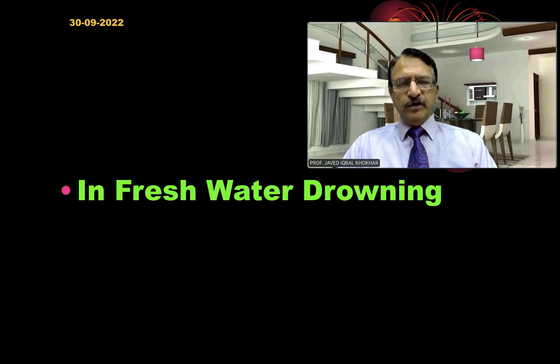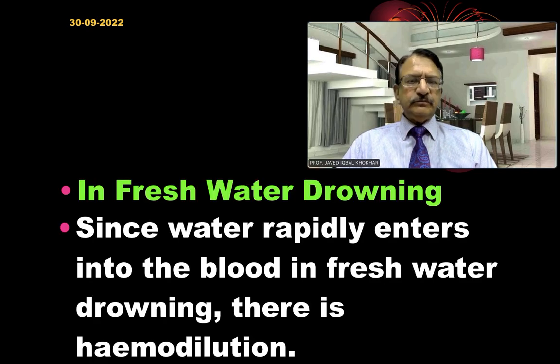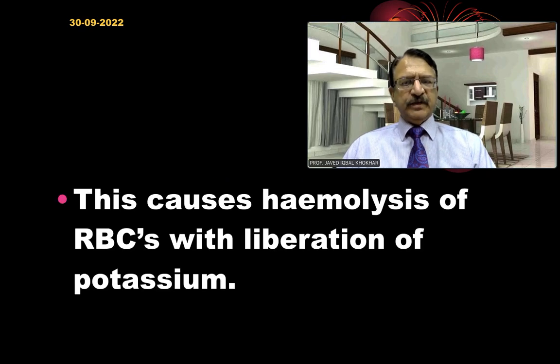In freshwater drowning, since the water is hypotonic, when it enters into the blood circulation there is hemodilution. And this causes the RBCs to burst open because of the hypotonicity. And there is release of potassium, which is responsible for ventricular fibrillation, and that is the cause of death.